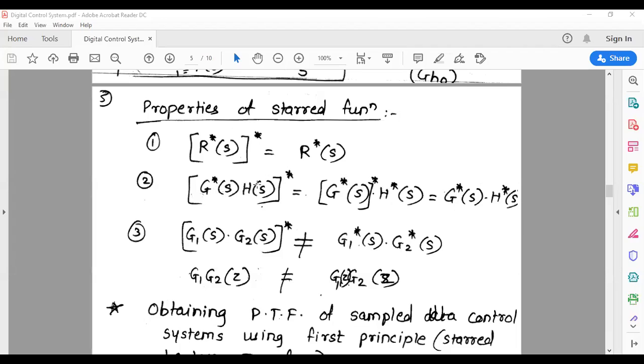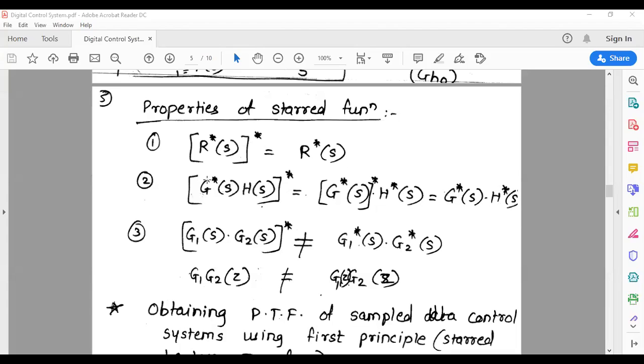continuous signal. Now this product is always going to be a sampled signal again, because it is as good as the H of S being multiplied by a train of pulses, which is a digital signal. So this is always going to be a digital one. And again, a digital sample is being sampled. So the resultant will be as good as G star of S, which is nothing but your sampled signal, and H star of S, which will again be a sampled signal.